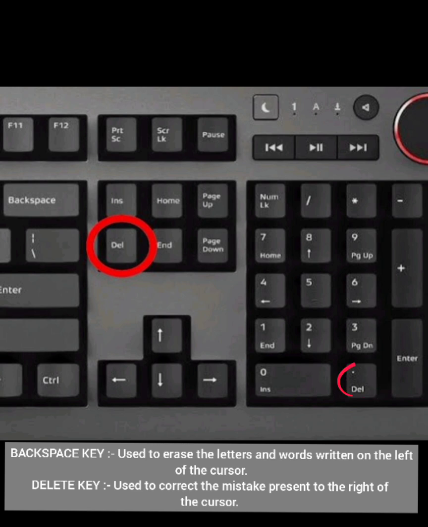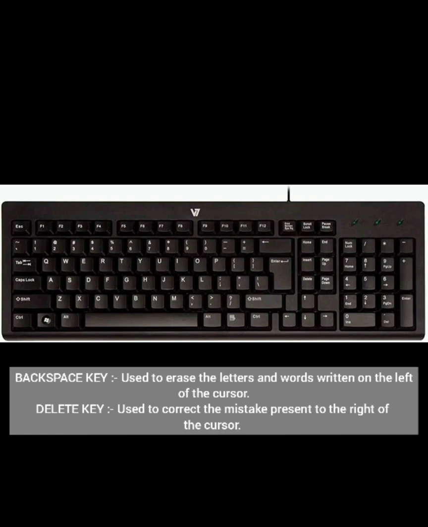Okay, so to erase a mistake in a computer, we use two keys. One is backspace key and the second one is delete key. So backspace key is used to erase the mistake done on the left of the cursor, and delete key is used to erase mistake done on the right of the cursor.